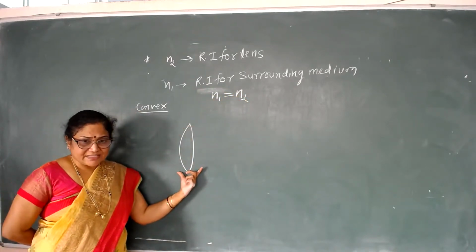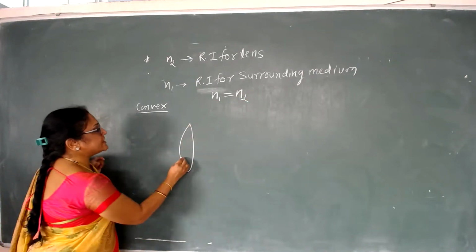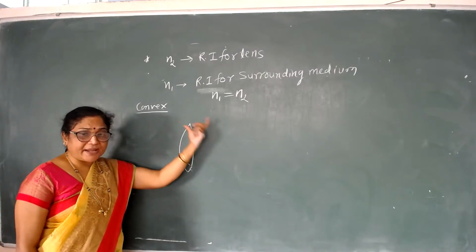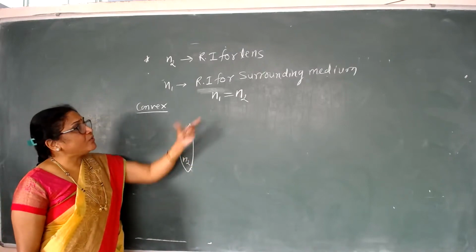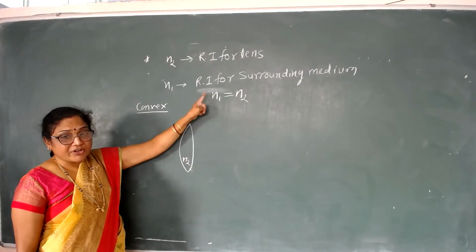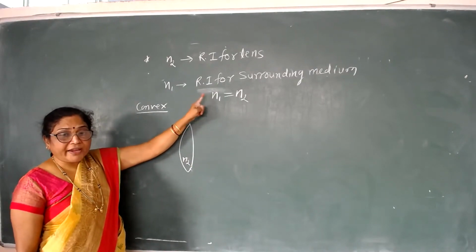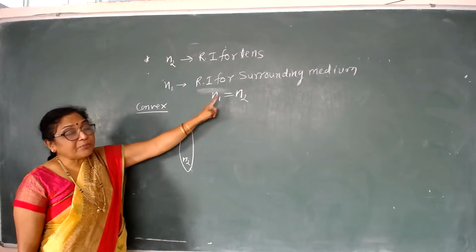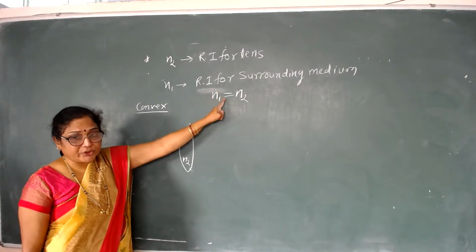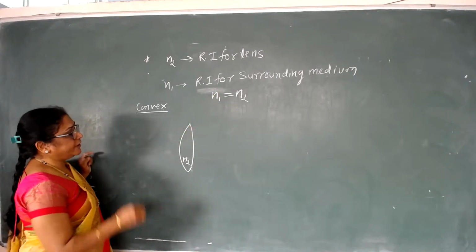This is a lens whose refractive index is N2, and this lens is placed in a surrounding medium whose refractive index is N1. The question is to draw a ray diagram when both refractive indices are the same, meaning N1 equals N2. So what happens there?